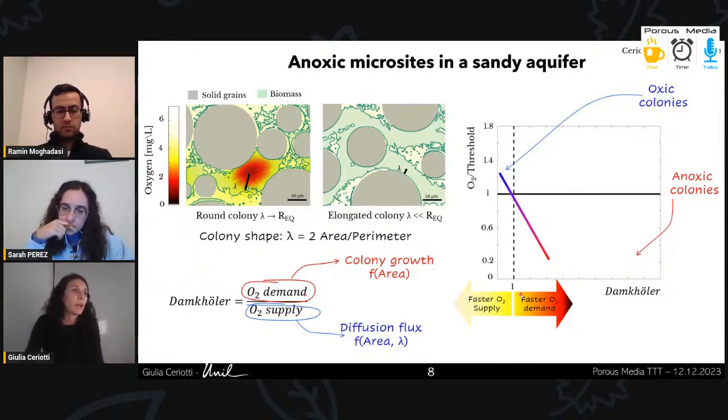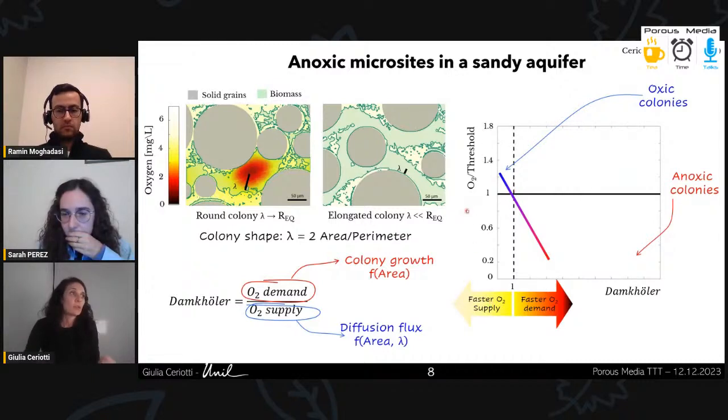If the Damkohler number is larger than 1, it means that oxygen demand is much more important than oxygen supply, so we should expect the formation of an anoxic microsite. Instead, if Damkohler is lower than 1, it means that the oxygen supply by diffusion is faster, so the colony should remain oxic.